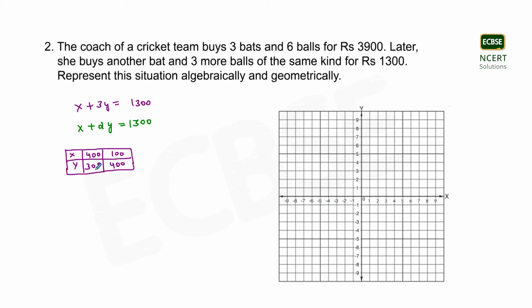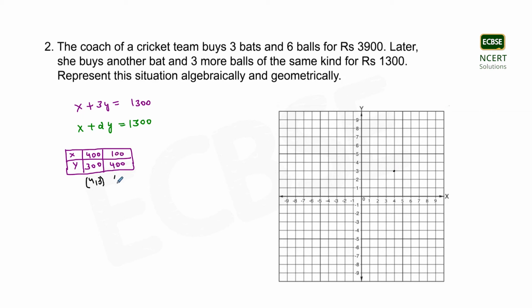So now let us mark the points given in the table over the graph. Here the point 400 and 300 means the point 4 and 3 in the graph. So we will mark the point 4 and 3. Here is 4 and here is 3, means this point, right?